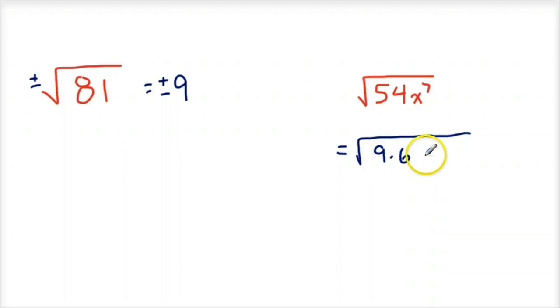Or the other way that I like to think of it is you're dividing that exponent by 2 because that's the root that you're taking. You're taking the square root, or the second root, of this term that's underneath the radical. So you could think of that as just dividing that by 2.